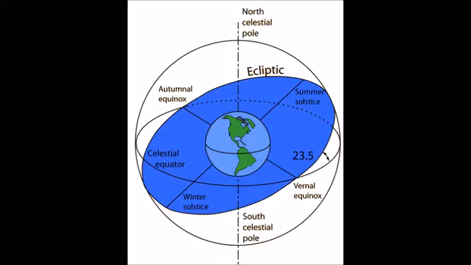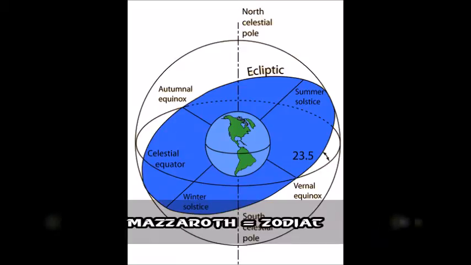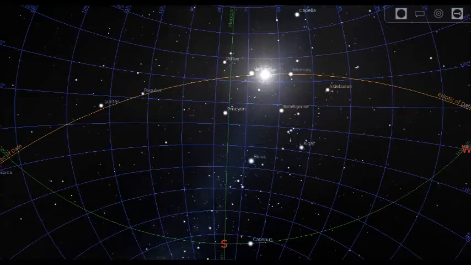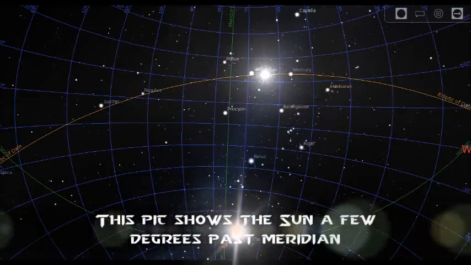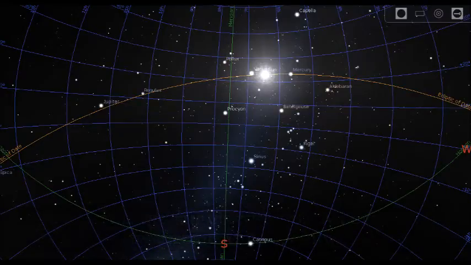Along with that, we experience that when the planets move through the Mazzaroth, through the ecliptic, they do it in an arc. The sun will rise in the east, and it'll arc through the sky, and it'll be at its highest point at meridian in the south, and then it'll set in the west. And that's another reason why I chose this picture.